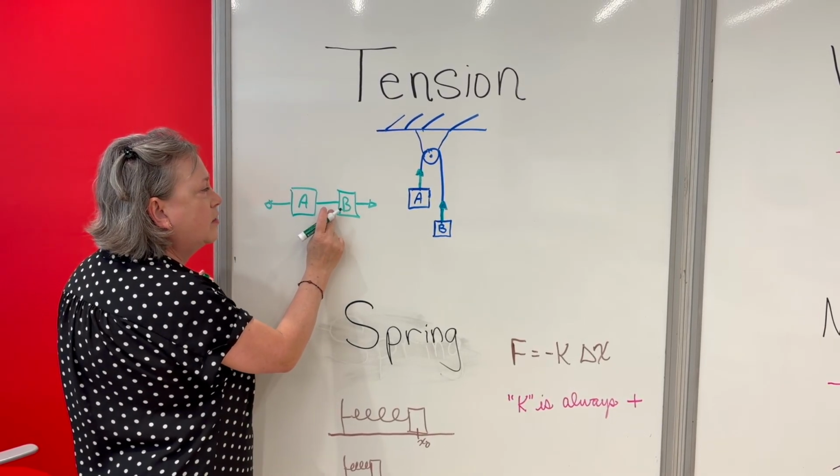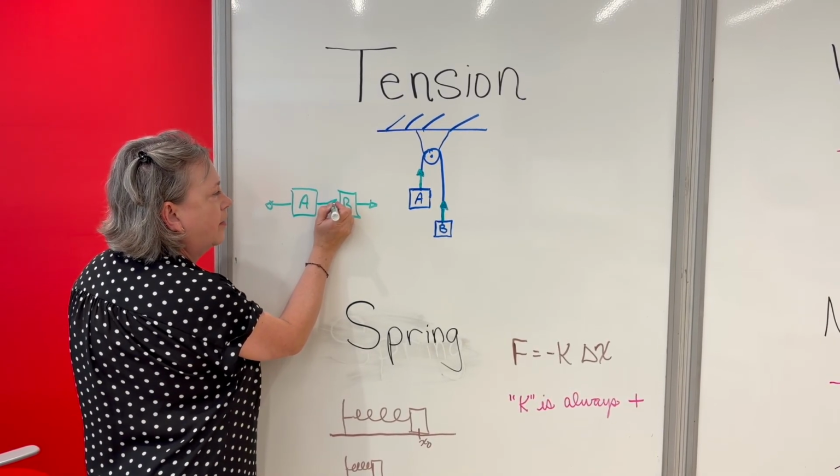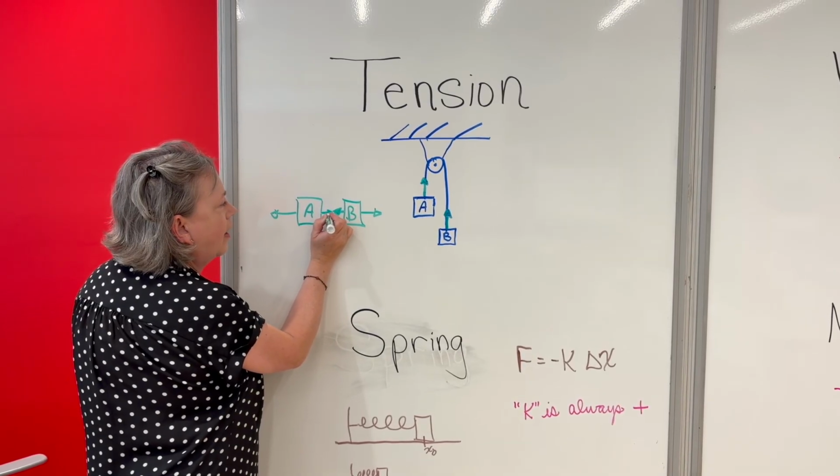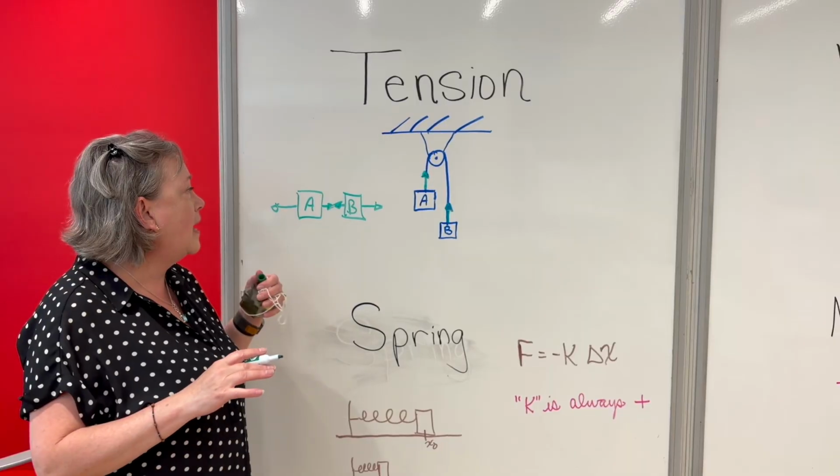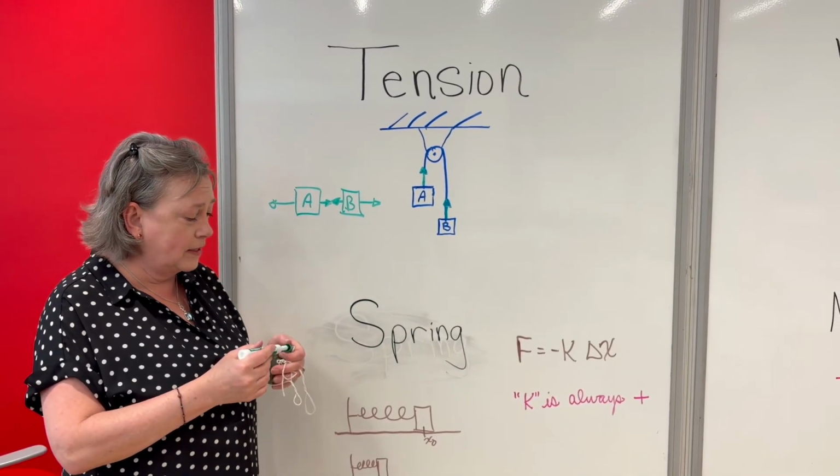The tension in this rope acts that way for B and that way for A. So it's uniform along the entire rope, and it always acts away from the object.